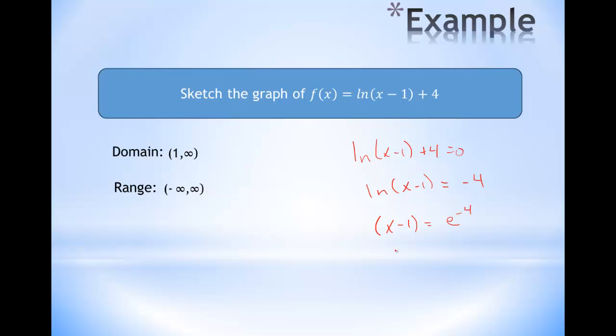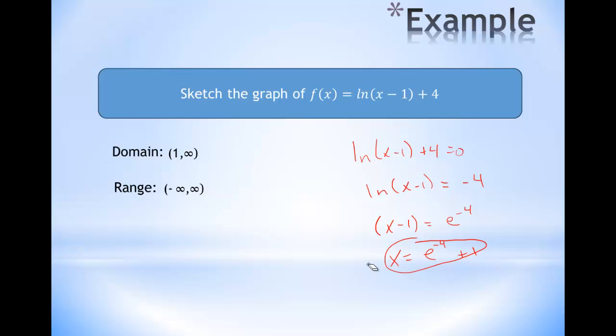Then I just solve for x: x is equal to e to the negative 4th plus 1. That is going to be my new x-intercept.